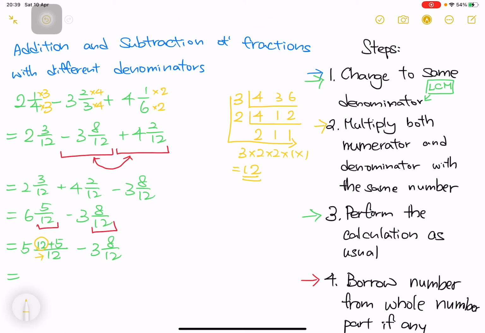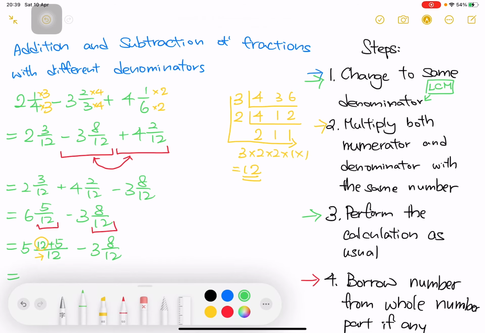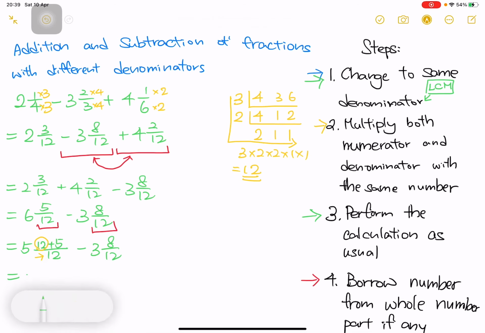But at that time, you don't need to add it back because I need to borrow from the whole number to do my subtraction in the fraction part. So you can get the answer: 5 minus 3, which is 2. And then the fraction part here is 12 plus 5 minus 8, which is 9 over 12.